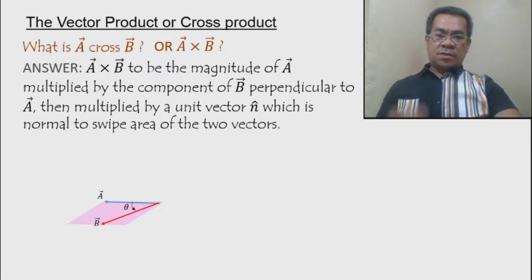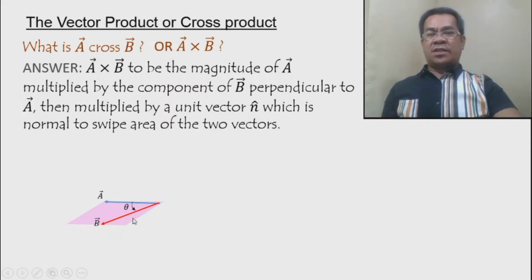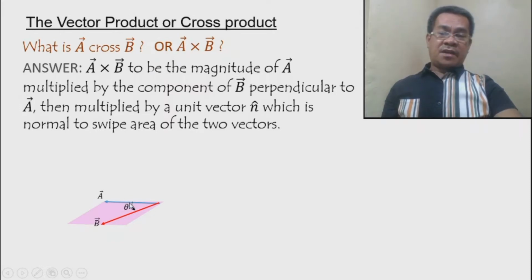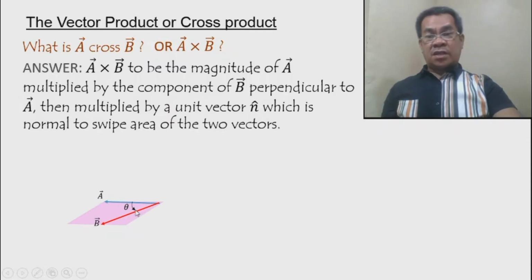Okay, suppose we have two vectors, vector A and vector B. Then we have the angle coming from A to B. If you notice, in the scalar product we still have the angle, almost the same, but the angle direction did not matter. This time, we are concerned with the angle direction. If we have A cross B, the angle must come from A towards B. Remember that the swipe area will rotate, so the rotation is according to the direction of the angle.